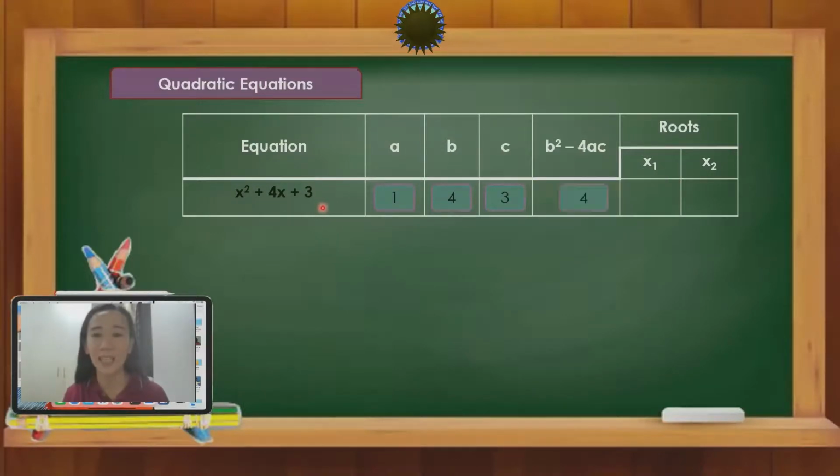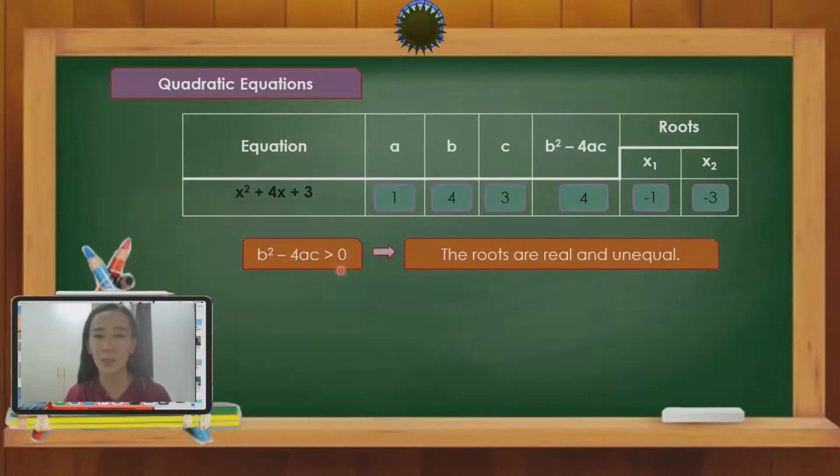Great going, Guadans! That is 4. And the roots are, using the quadratic formula, -1 and -3. As we can see here, the discriminant is greater than 0. Then it means the roots are real. So we have here real roots, and they are unequal. -1 and -3 are unequal.